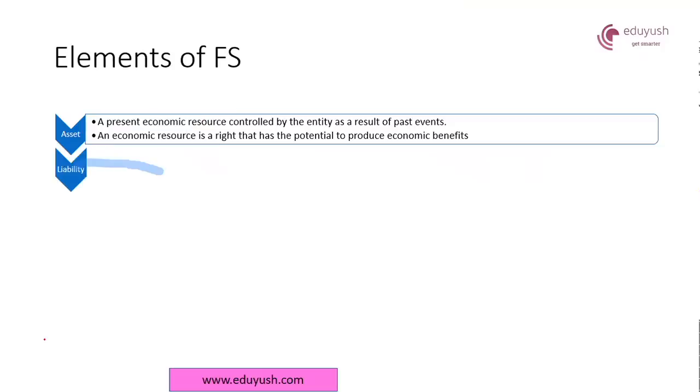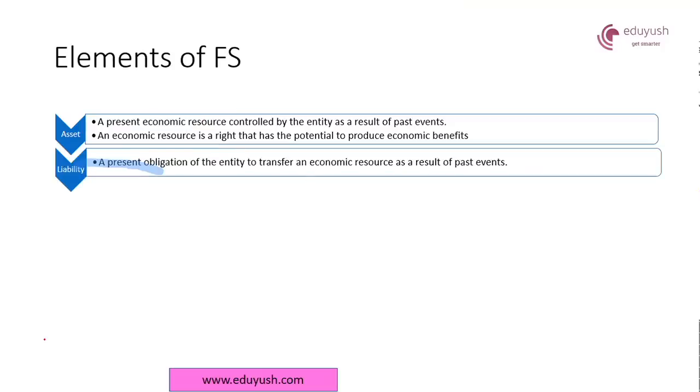Now a liability. Again, it's a present obligation to transfer an economic resource as a result of past events. Obligation to transfer economic resources, in short, means to pay money. You can even transfer some asset because of the past event.